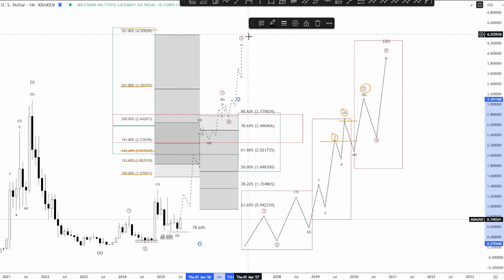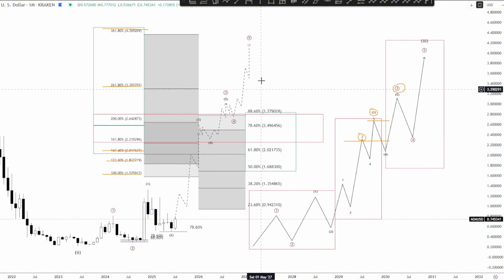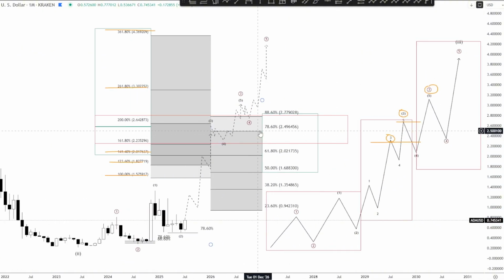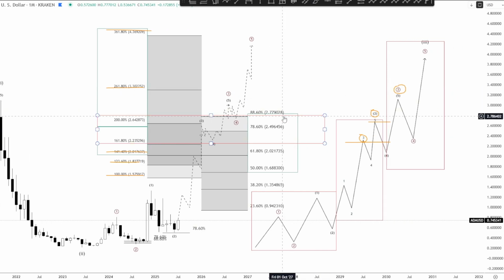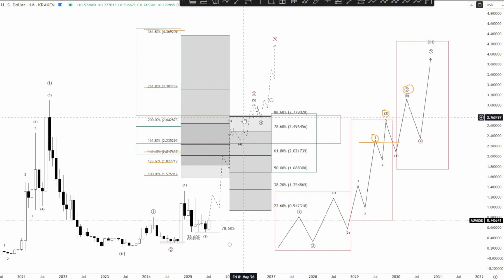And every other extension or move to the upside, this is for later, right? Let's not bother with this right now. We are not there. We can talk about it once it is the case, but if this sequence really plays out, if we can see this nested impulse in its entirety, then we can clearly calculate with prices above $3, so new all-time highs.